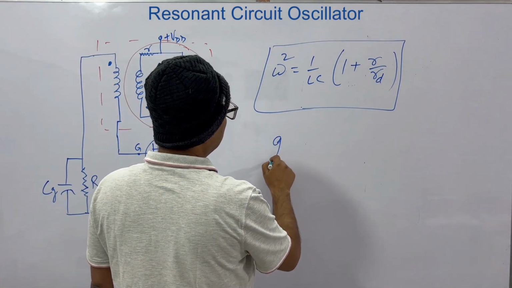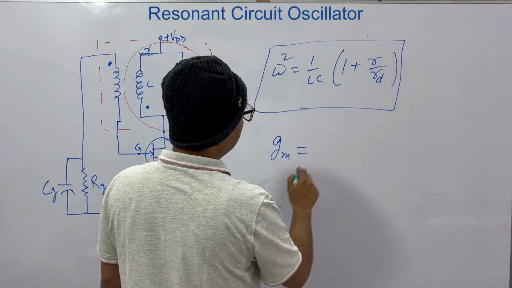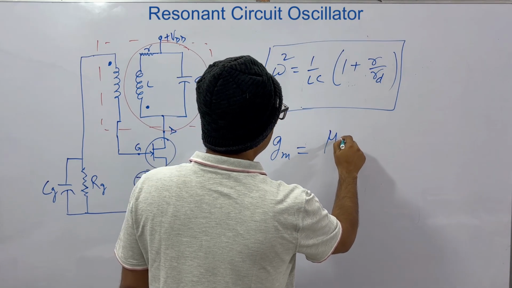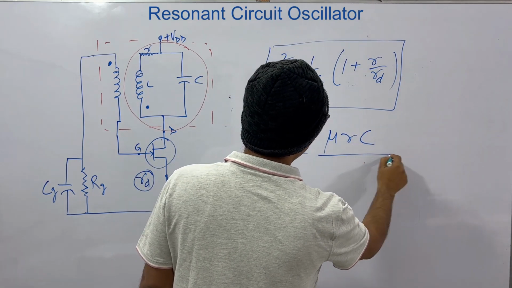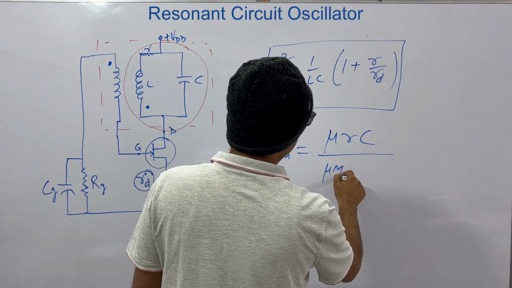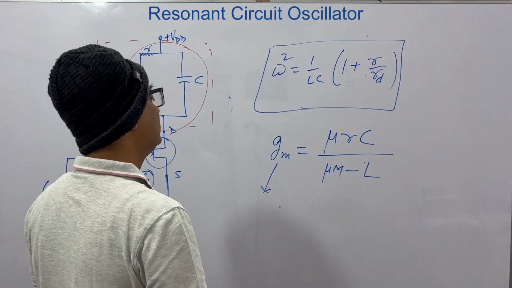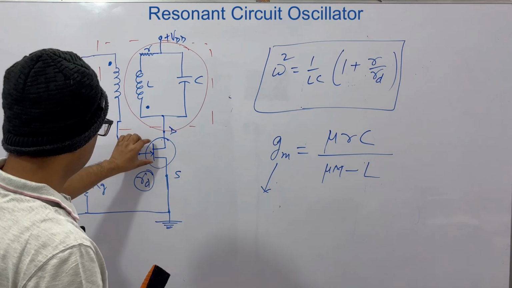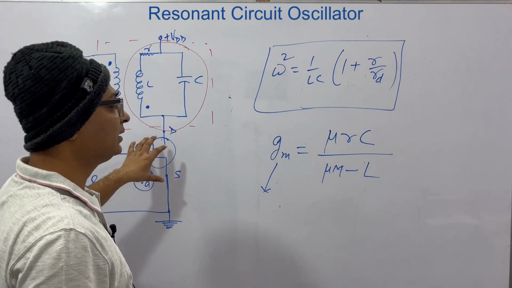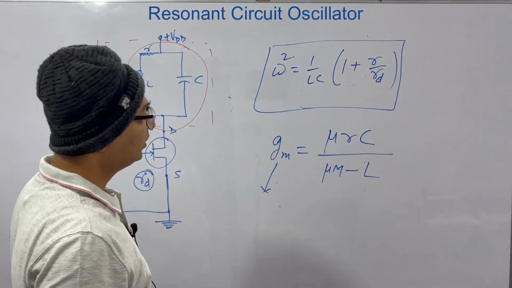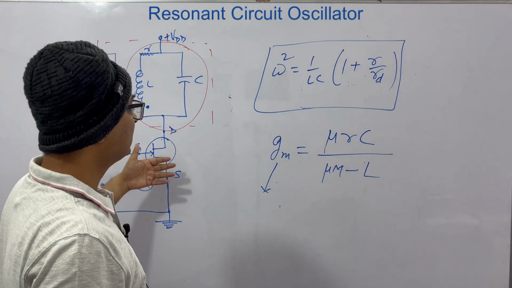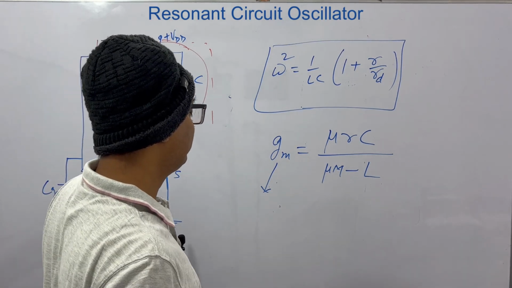Another formula that you should keep in mind is GM equal to mu into R into C by mu into M minus L. What is GM? GM is the transconductance of the FET, more popularly called the transconductance of the field effect transistor.